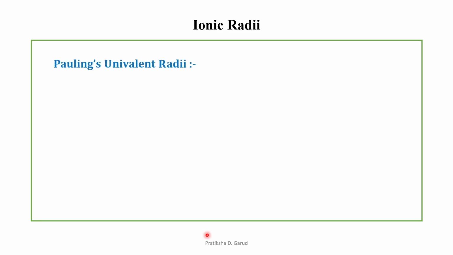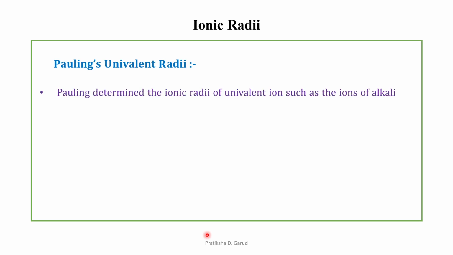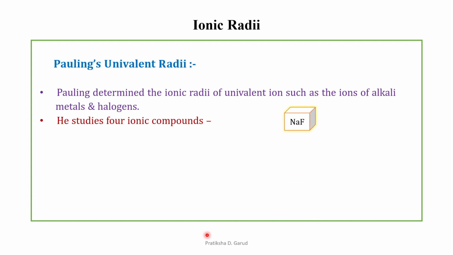Then Pauling's univalent radii. Let us explain Pauling's univalent radii. The scientist Pauling determined the ionic radii of univalent ions, such as the ions of alkali metals and the halogens. He studied only four ionic compounds: sodium fluoride, potassium chloride, rubidium bromide, and cesium iodide.